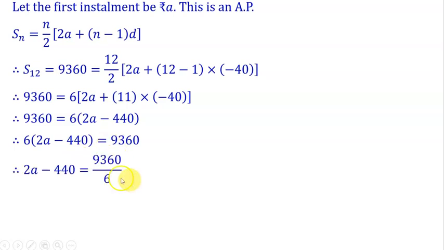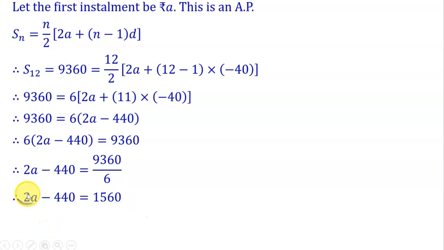Therefore 6 in bracket 2a minus 440 is equal to 9,360. Now divide the whole equation by 6. Then you will get 2a minus 440 is equal to 9,360 upon 6. After dividing 9,360 by 6, what will we get? That is 1,560.